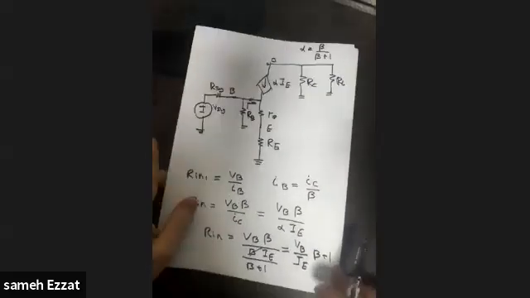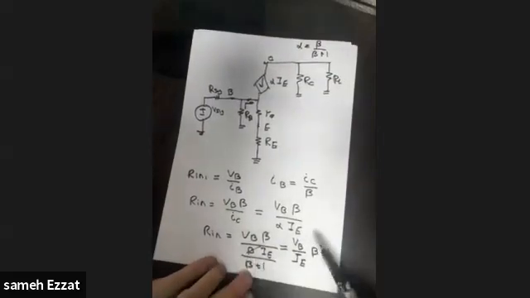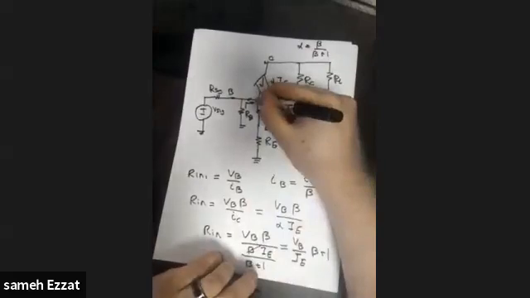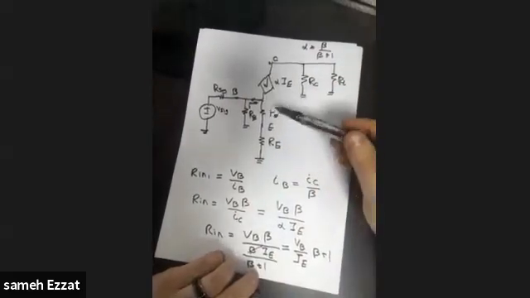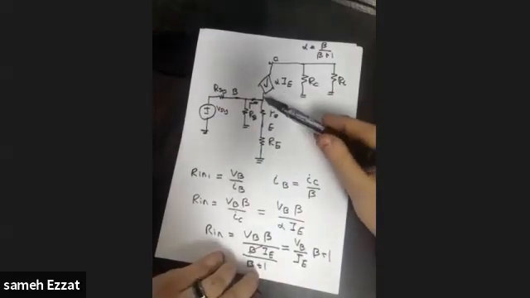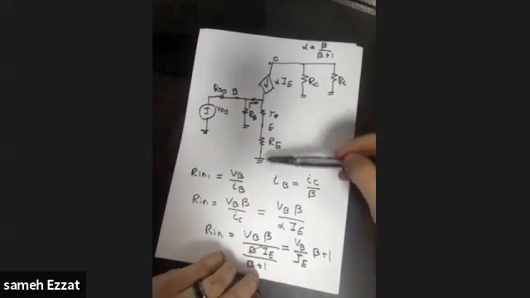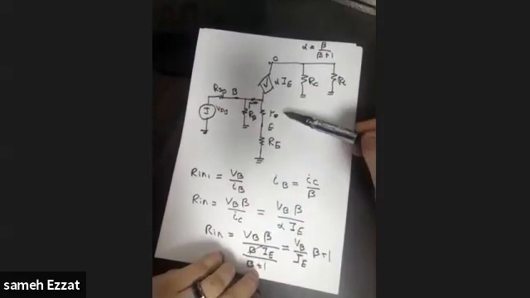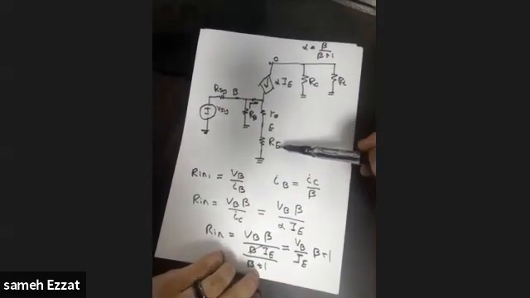So now we reach the relation that Rin is equal to VP over IE times beta plus 1. But what is the value of VP over IE? Please recognize VP is the voltage of this point, and IE is the current flowing in this branch. This is the emitter branch, and VP is the voltage here in this point. So the voltage here over the current here is simply the equivalent resistance here, which is the summation of small re and capital RE.